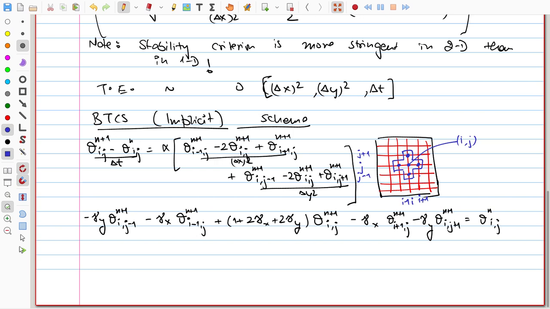So you have to write it for all the interior points, and that gives you a system of linear equations which has an equal number of unknowns and equations. So you can solve that. It's very similar to what we did in the elliptic problem or the 1D backward time center space problem, where you got a tri-diagonal matrix that you could solve using TDMA, right?